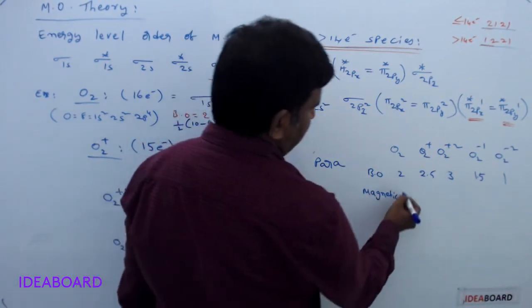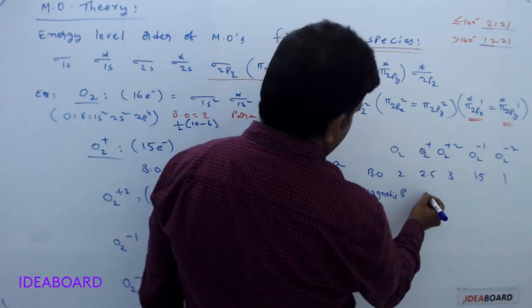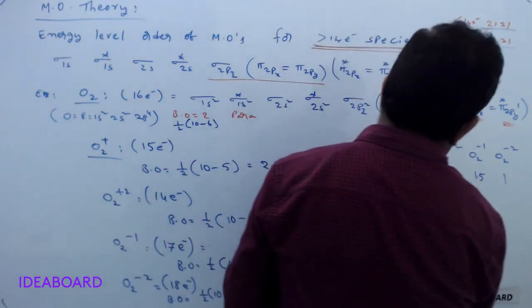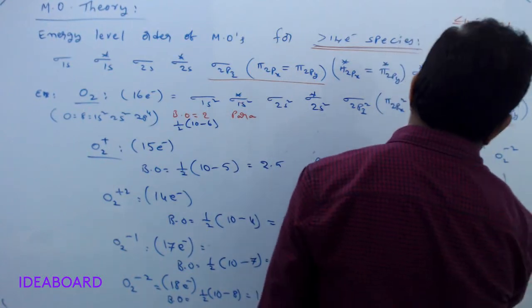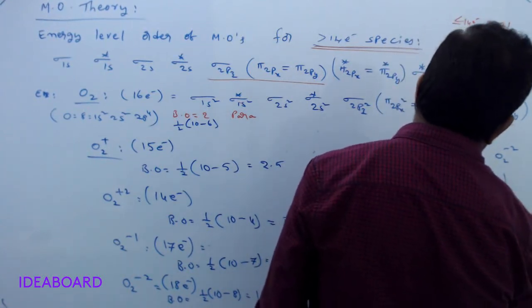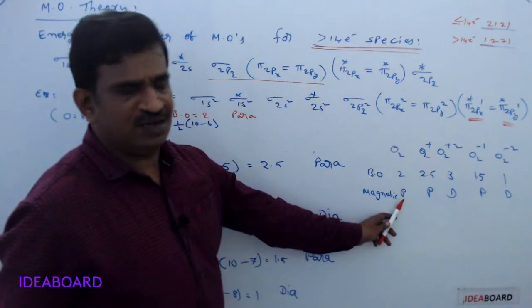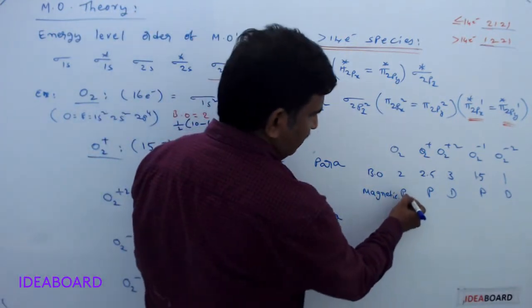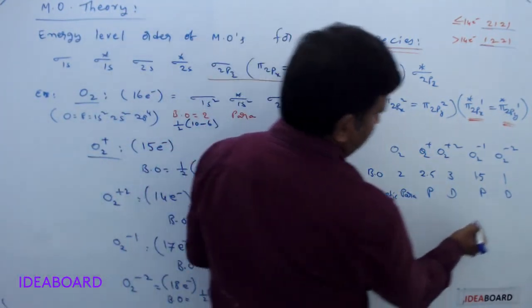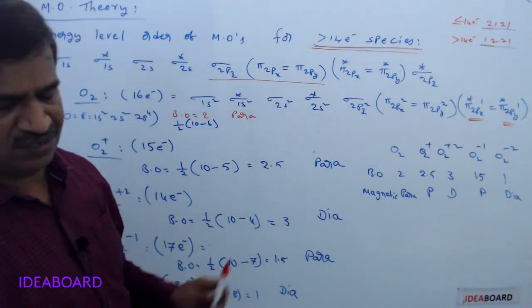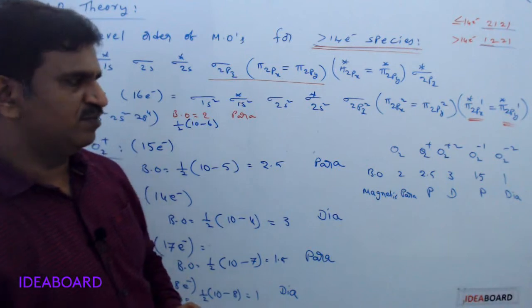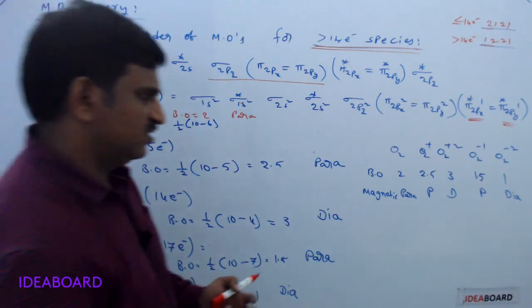Here first one is paramagnetic. Next 2.5 is also paramagnetic and 3 is diamagnetic. 1.5 is also paramagnetic and 1 is diamagnetic. P means paramagnetic, D means diamagnetic. Only that is the different abbreviation.